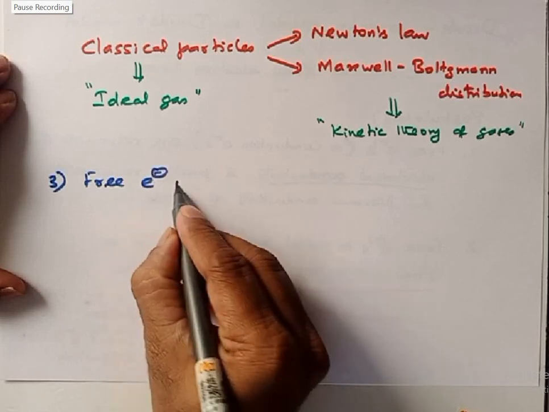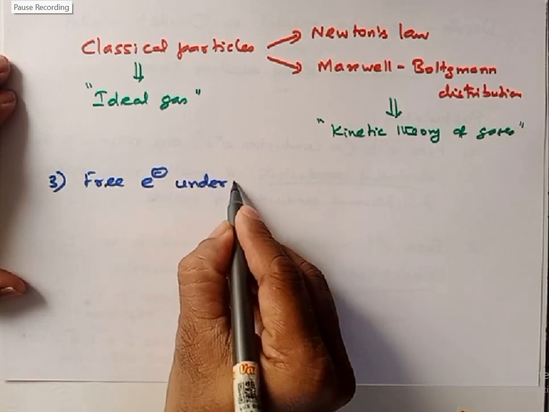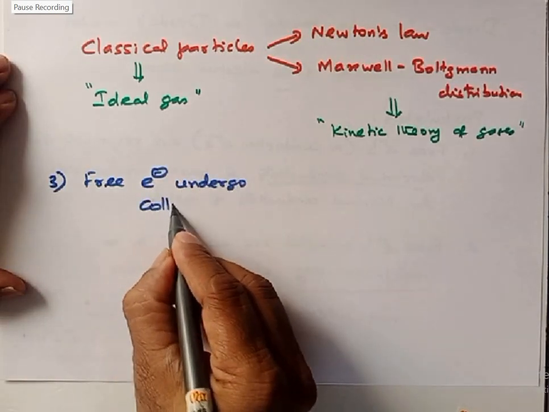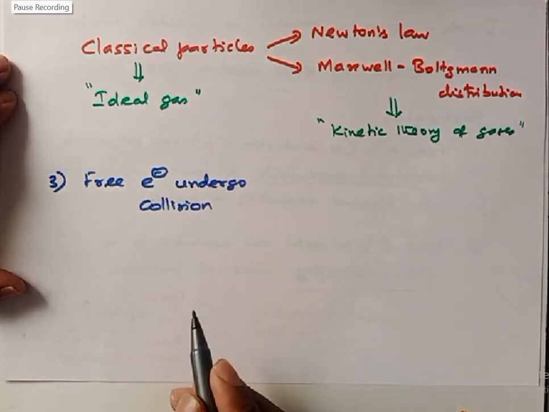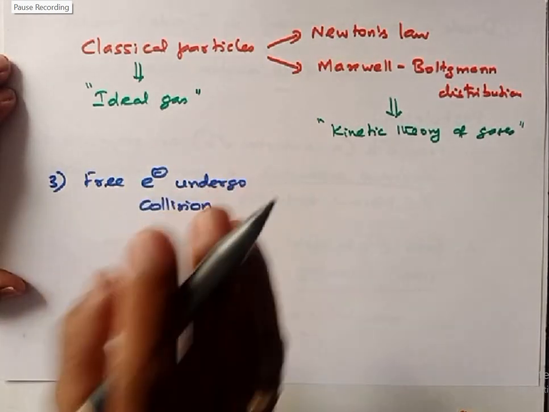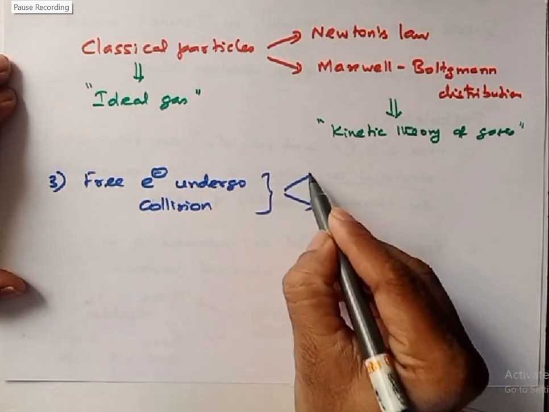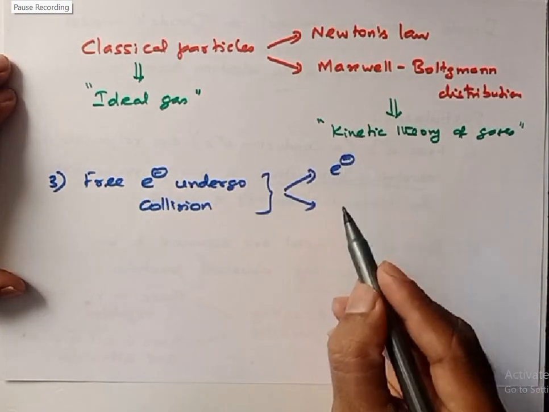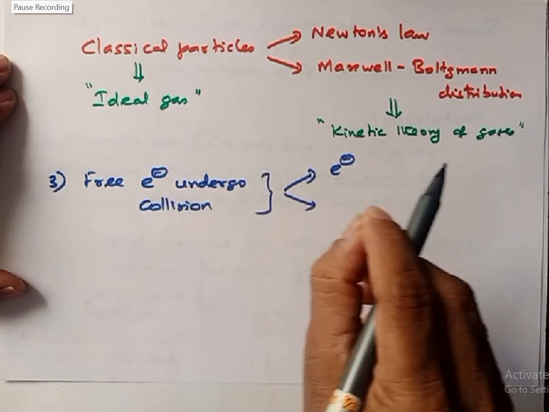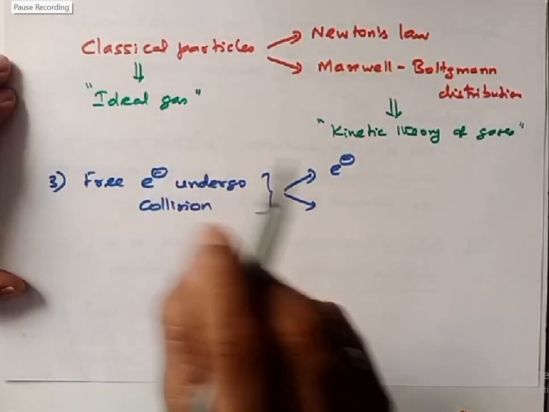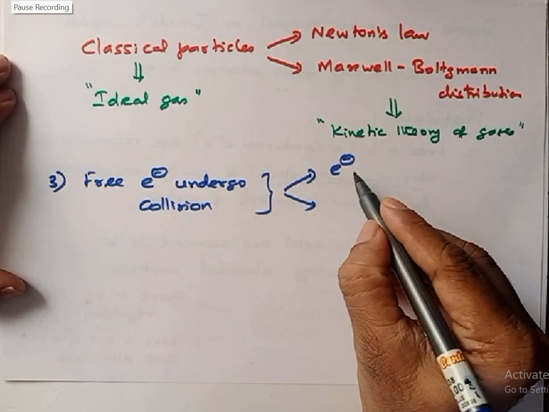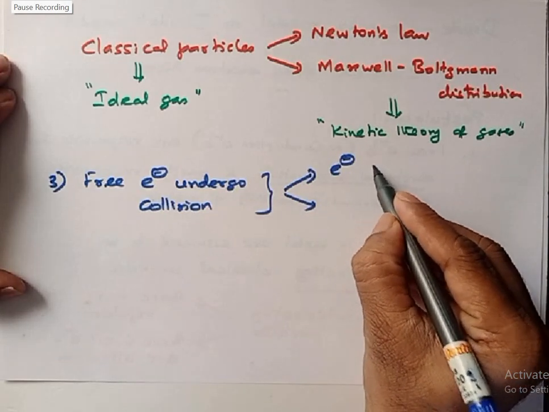Free electrons undergo collision in the crystal lattice. What collision? Listen, these electrons undergo collision with the ion cores: electron and ion core collision.